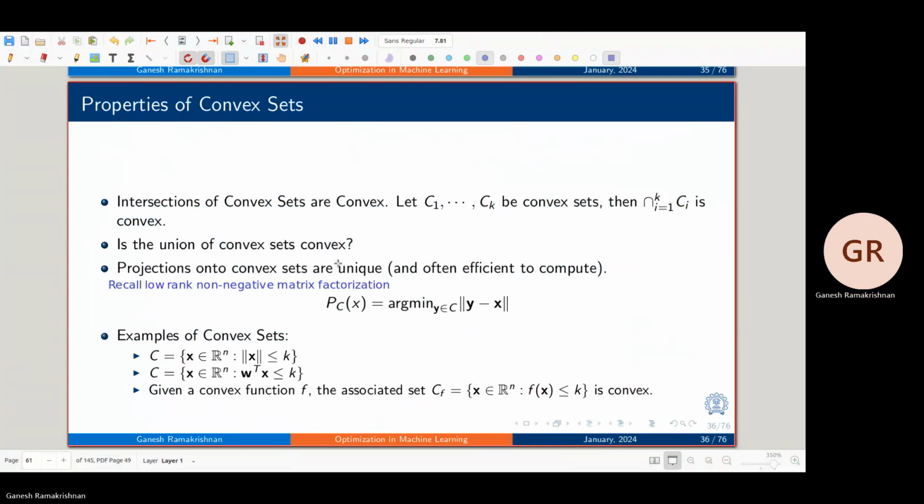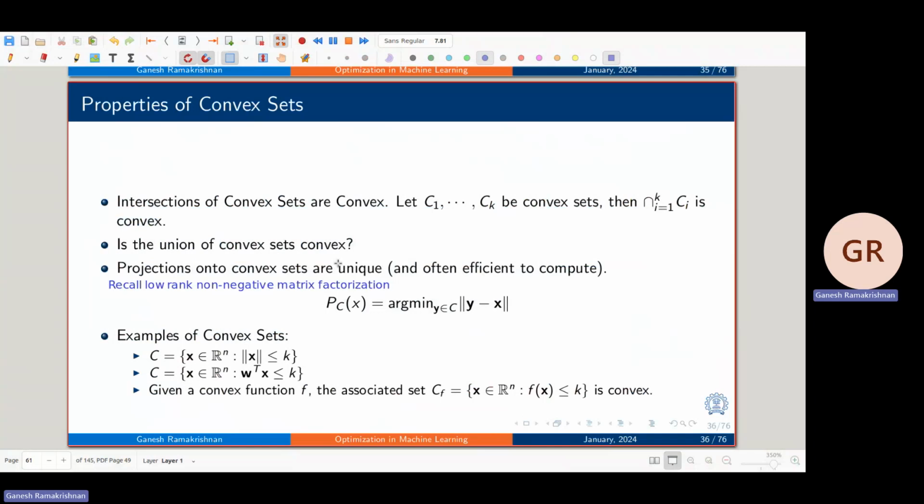normal, right? So that projection is in terms of finding a point in the set C. Let's call this a set C, such that the point y is the closest to x in terms of a particular norm. Okay. So this is typically the Euclidean norm.